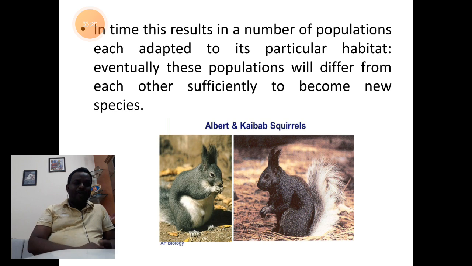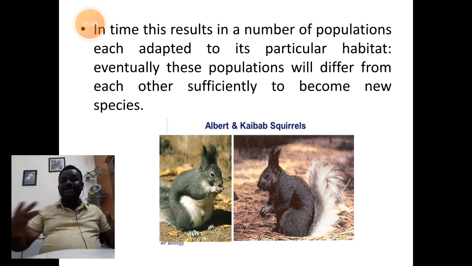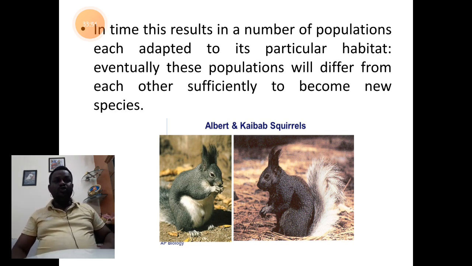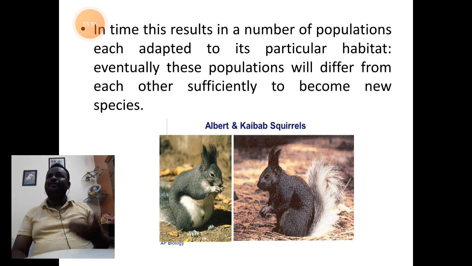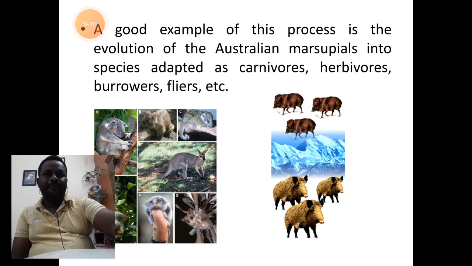At the time of a new environment, individuals will acquire mutations or any genetic changes in them and form a new species. The example of Albert and Kaibab squirrels. Habitat is totally different. So new characters eventually get formed in the population of organisms that get exposed to the newer environment.